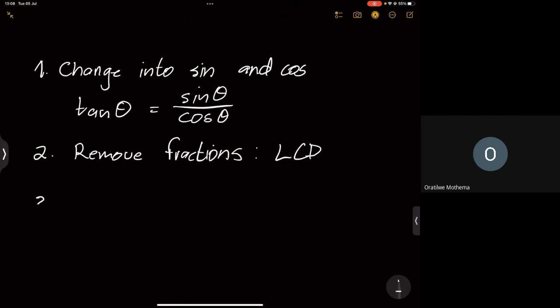I'm giving you the procedures, and you'll see me apply this as we go along in the questions. The third thing that we're going to do is try and resolve brackets. If we've got brackets, we resolve them to try and simplify.